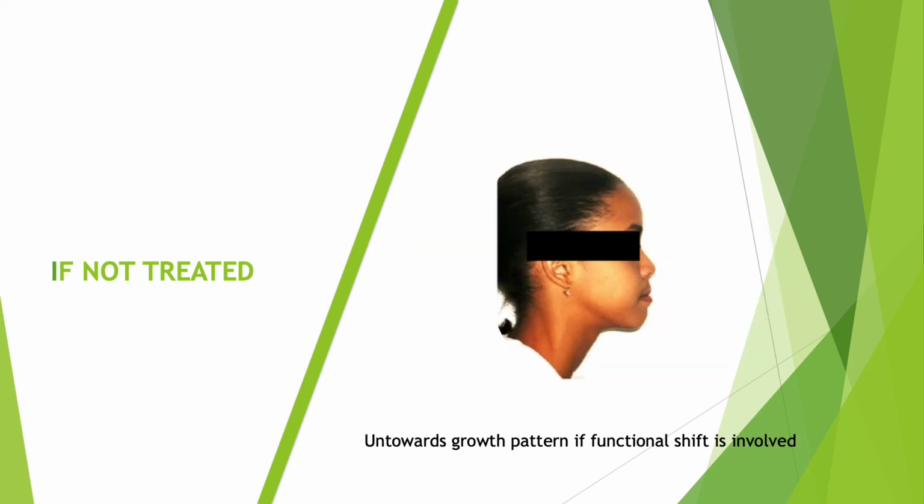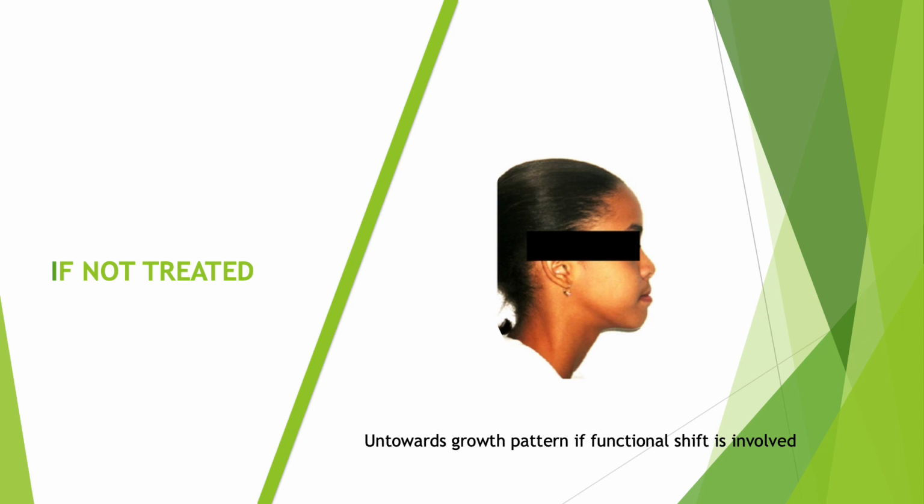Then there'll be an untoward growth pattern, as I just mentioned, because of the functional shift, because of the premature contact. If the child is continuously positioning the lower jaw in an abnormal way to avoid that premature hitting, then if you're continuously directing the lower jaw in a certain direction, it will obviously end up growing in that direction, and you will have an untoward growth pattern.